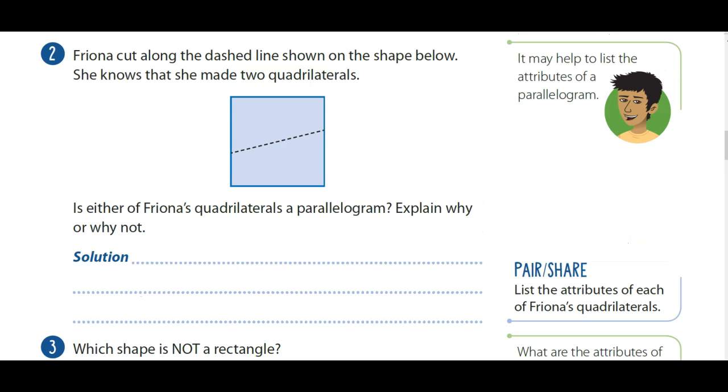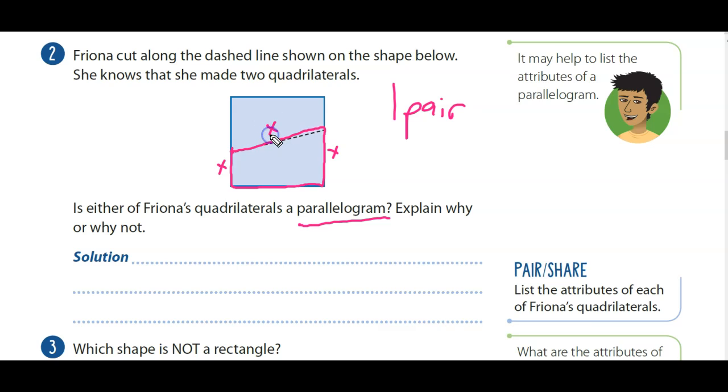So again, it says, is either of Fiona's quadrilaterals a parallelogram? Actually, no, because for it to be a parallelogram, both opposite sides have to be parallel. So if I take this shape right here, this side is parallel to this side. That's one pair that it has. But for it to be a parallelogram, both pairs have to be.